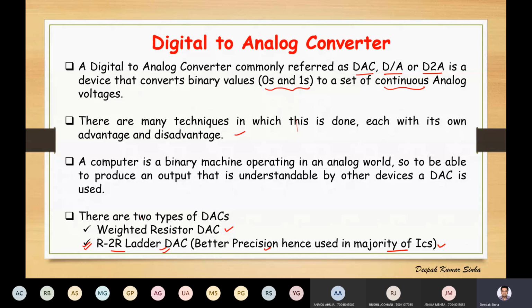Now, you know that your computer is a binary machine; it can only understand zeros and ones. But our world is analog. If I give you a matrix of 0 1 0 1 0 1 and tell you this is the matrix of a sine signal, will we be able to understand?